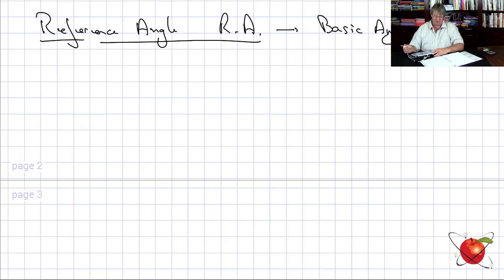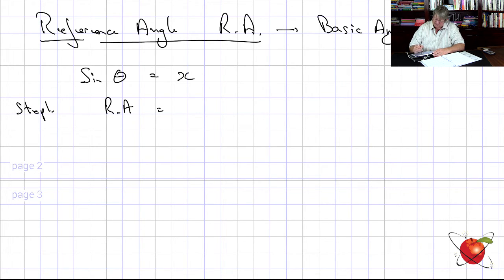Let's not waste electronic paper. Let us just go back to sine theta equals x. Okay, x is a number, or no, let me not call it a number because it can be a function as well. Sine theta is that. So step one is you write down reference angle is equal to arcsine of x.